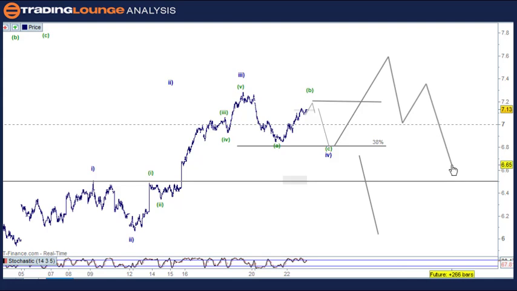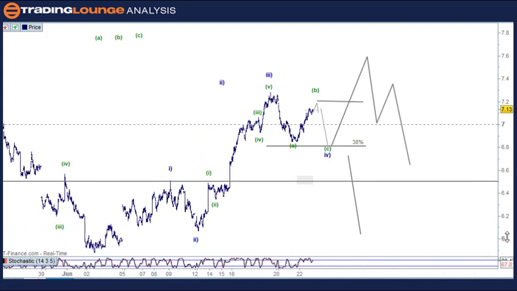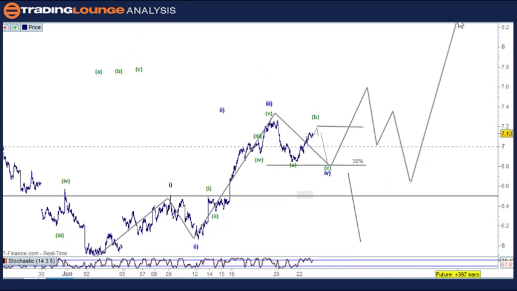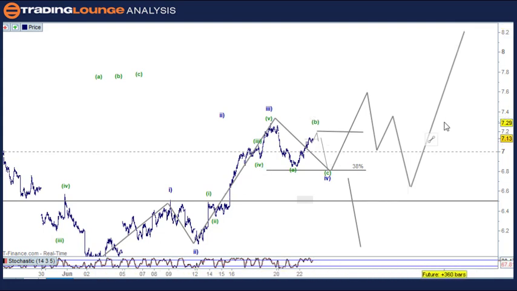But what it does tell us is that we're going to get a bigger impulse wave. We'll have 1, 2, 3, 4 and 5 here. If we can prove that we get 5 waves here, that means we'll get an ABC, and then we're going to go further up again. We get 5 here, we're going to get 5 over here.